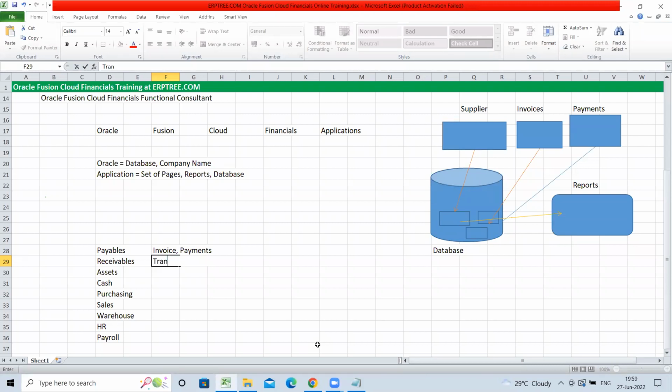Simply you can call it the transactions. We'll discuss in very detailed level what exactly each department does. After understanding that, we'll get into our application. But as of now, as an introduction, take these few points. What is the job of the receivables department? They create the transactions and they record the receipts.